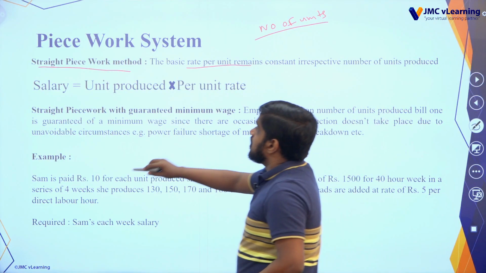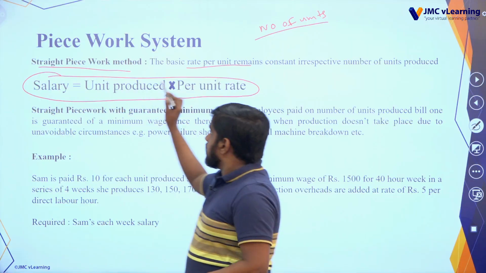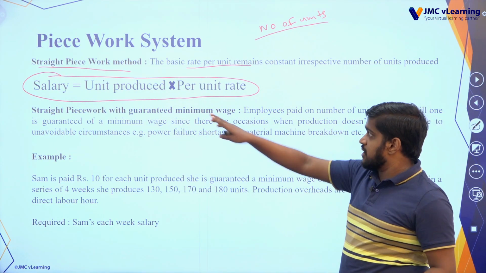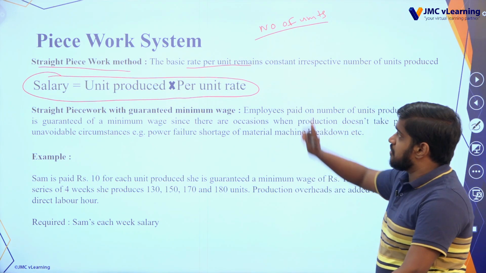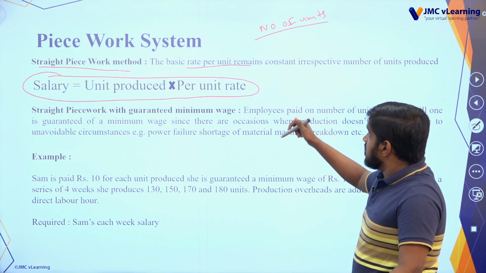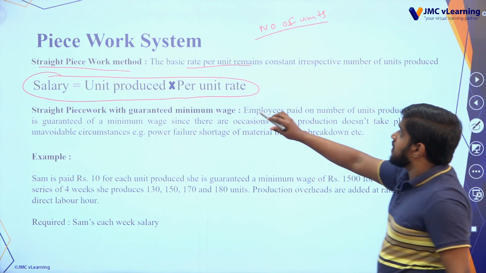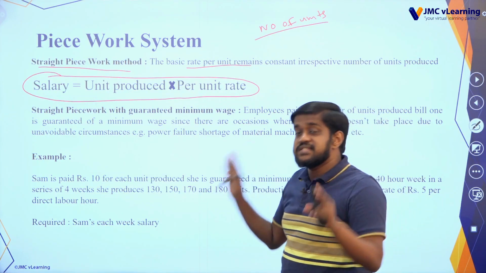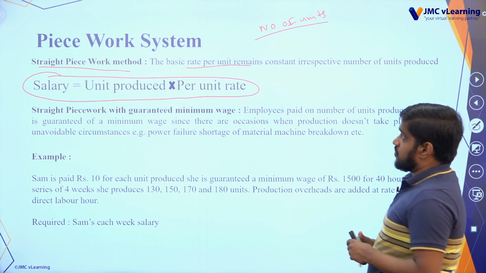Simply, we can get salary under the straight piecework method by multiplying units produced by the per unit rate. As I mentioned, whatever the number of units produced, our per unit rate remains constant. This is the main part that you need to know under the straight piecework method.